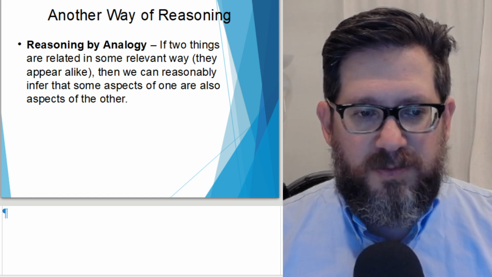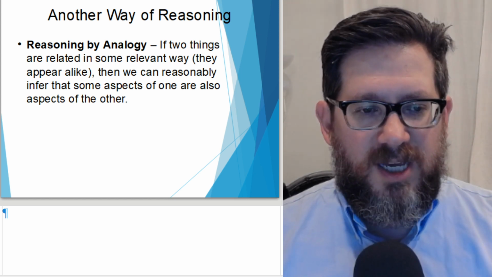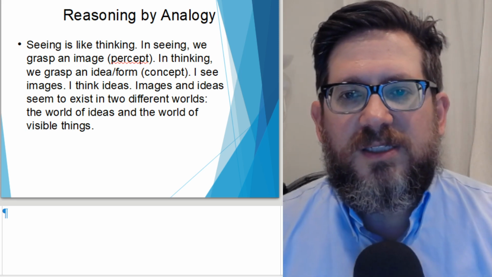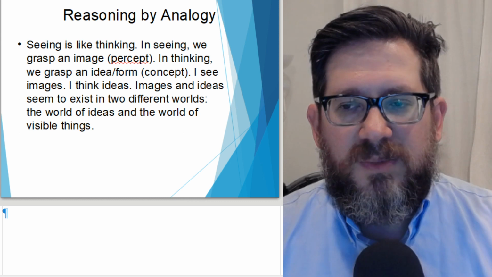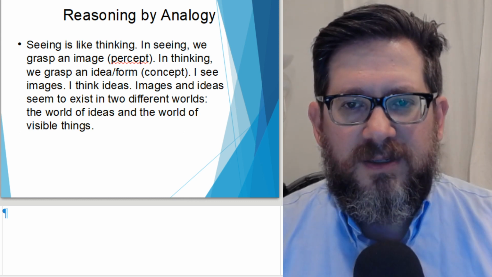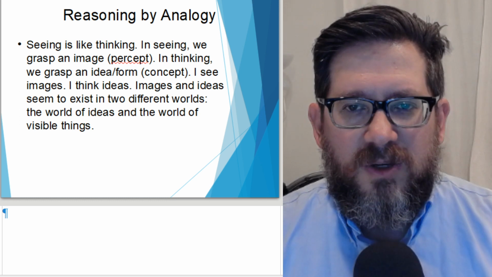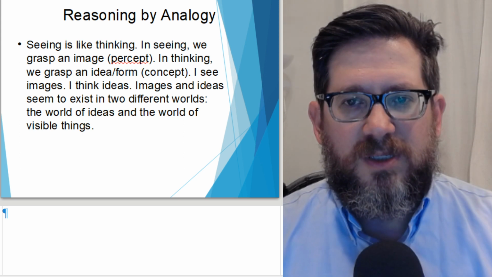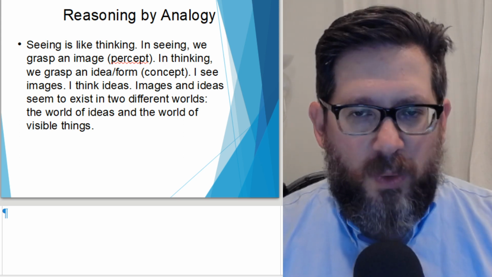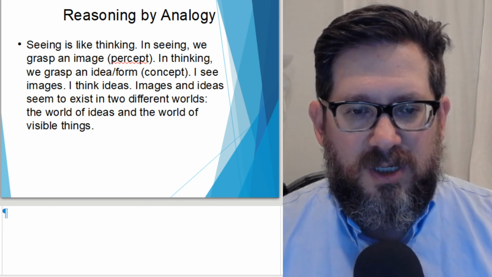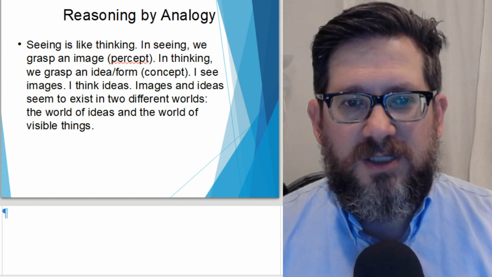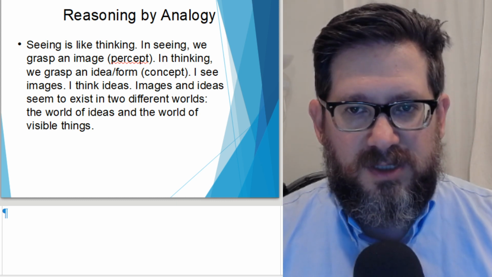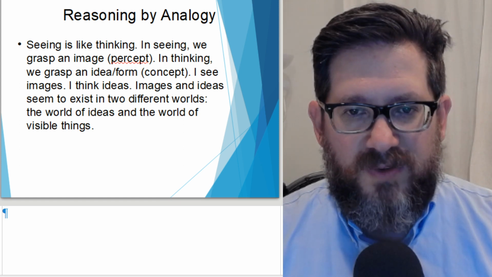How is Plato going to make use of this type of reasoning? Well, let's see. Seeing, Plato is going to find, is a lot like thinking. In seeing, we grasp an image. William James called that a percept. Some sort of visual grasping of an image, or any of our senses, is going to grab on to some sort of sensory experience and collect it together as some sort of image.